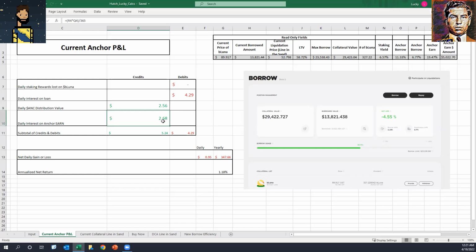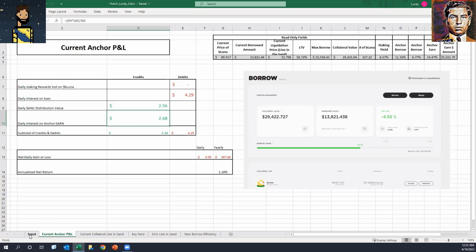Now the interest on Anchor Earn: he typed in how much of his borrow amount he had in Anchor Earn. That assumes, for those of you using Shigio's Lunanomics bulletproof strategy, that you do some of the borrow and loop into Luna right away, but then you put some in Earn to defend your loan.